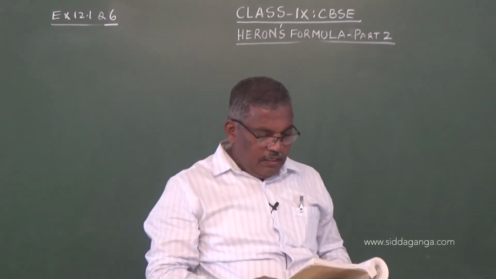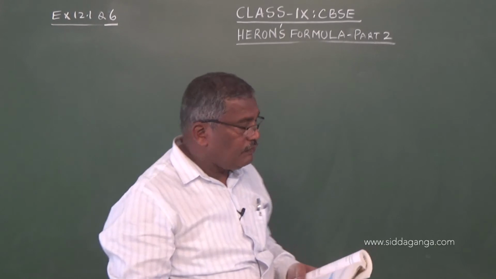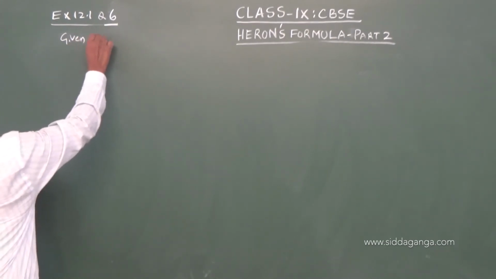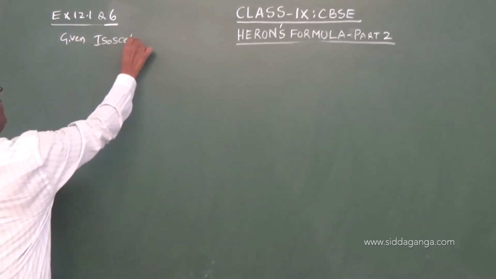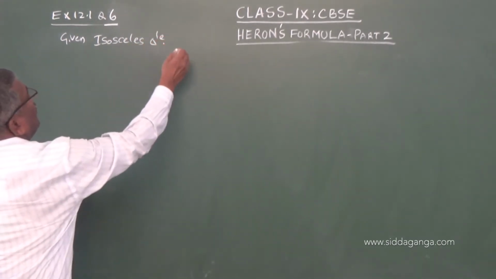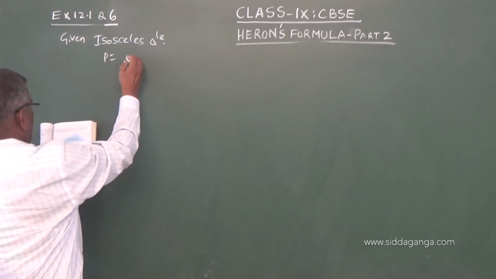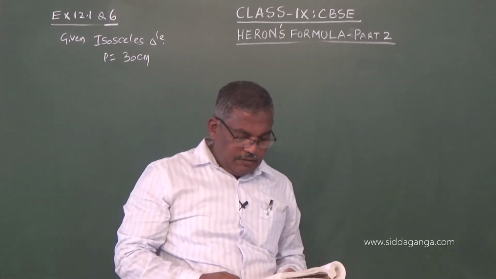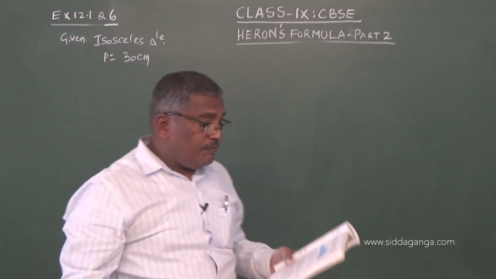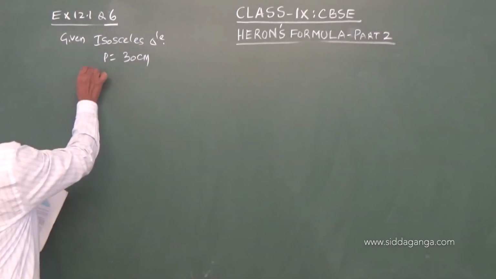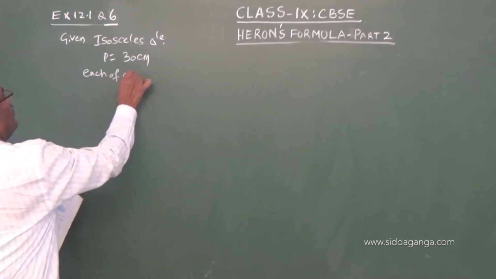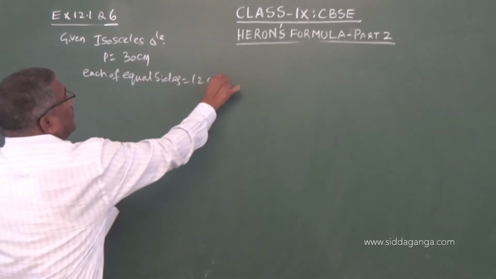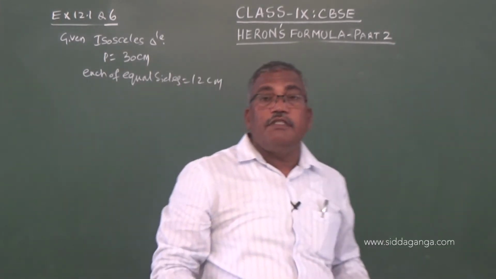An isosceles triangle has perimeter of 30 centimeter. So, given: isosceles triangle, perimeter equals 30 centimeter, and each of the equal sides equals 12 centimeter. Find the area of the triangle.